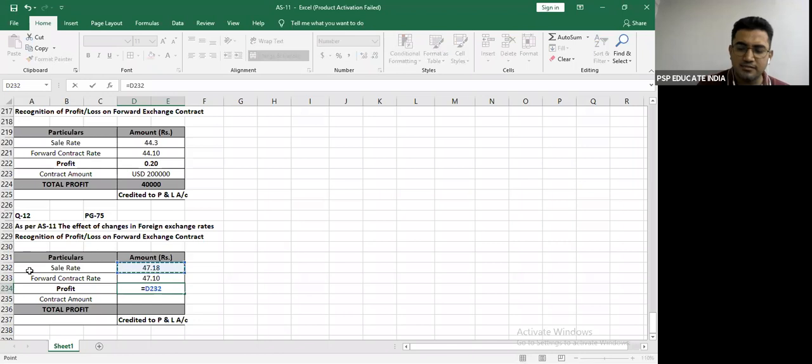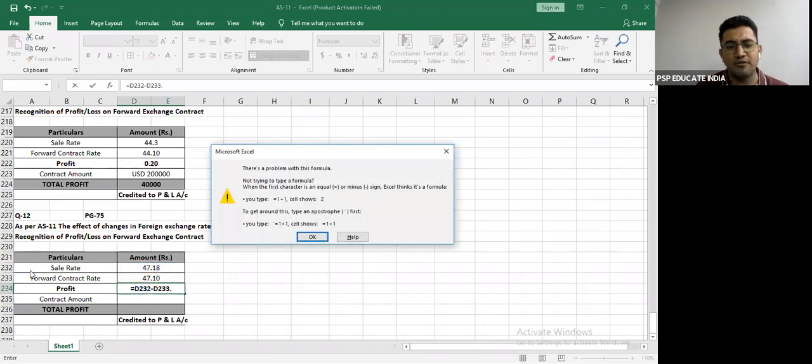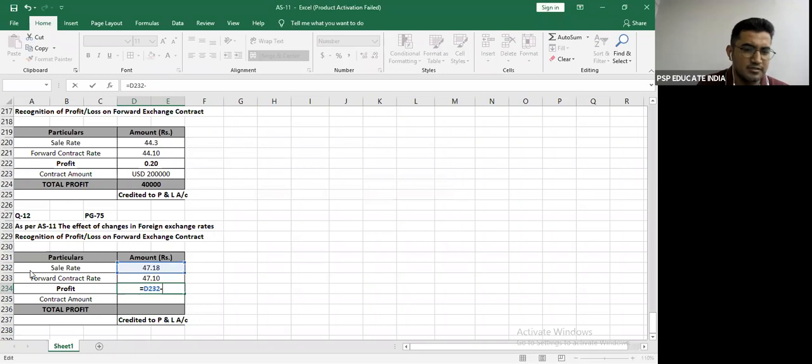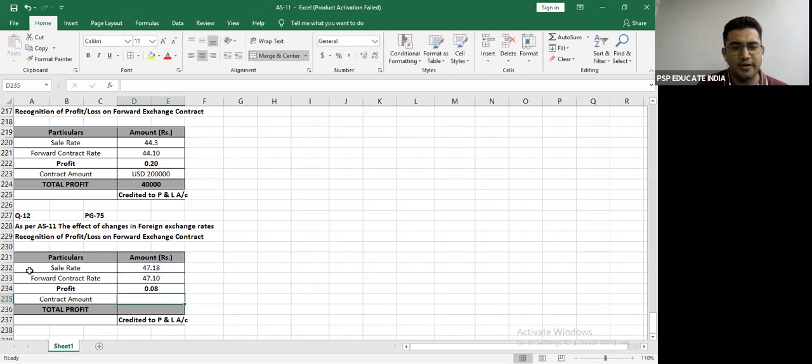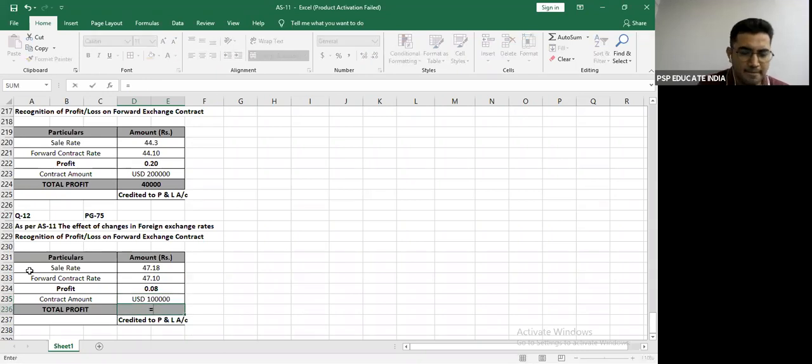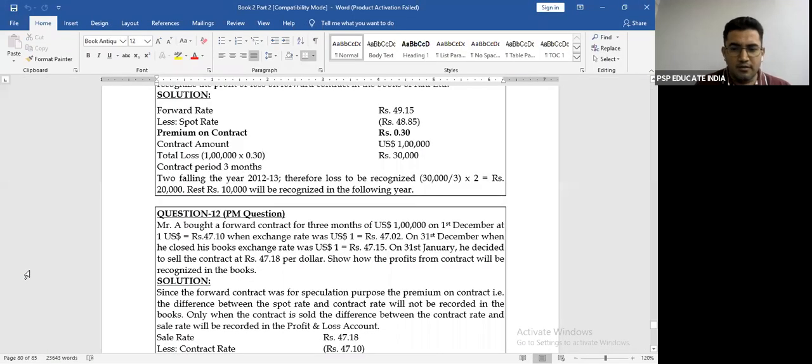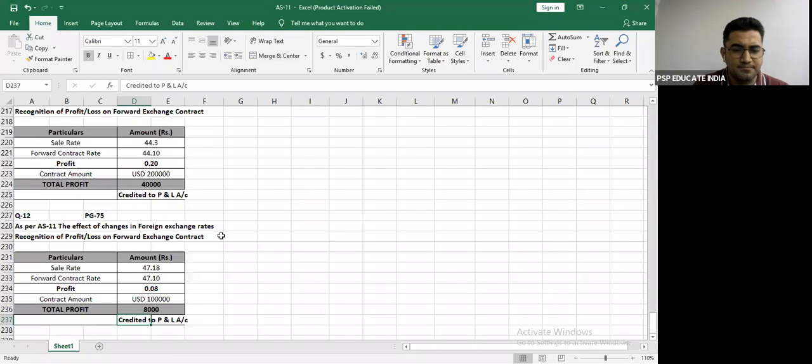Gain or loss? Of course, you have a gain of 0.08. What's your contract amount? US dollars 1 lakh. You get how much? 8,000. The 8,000 will straight away go to the profit and loss account.